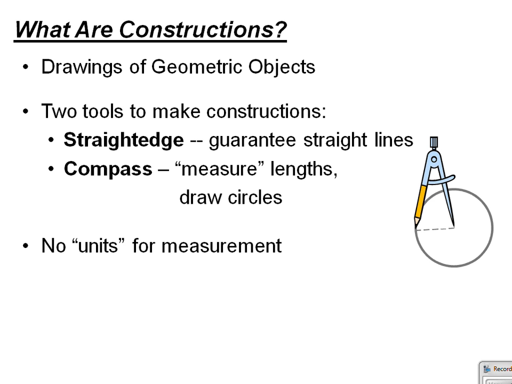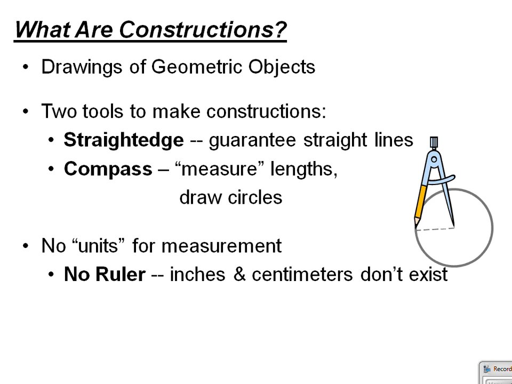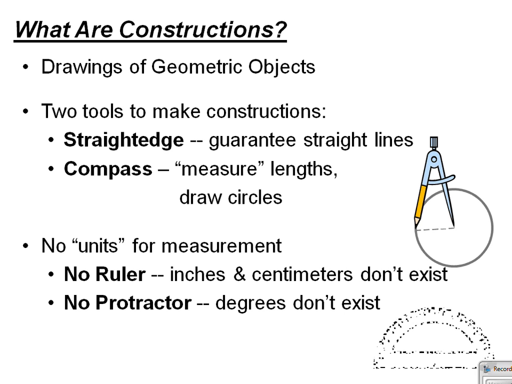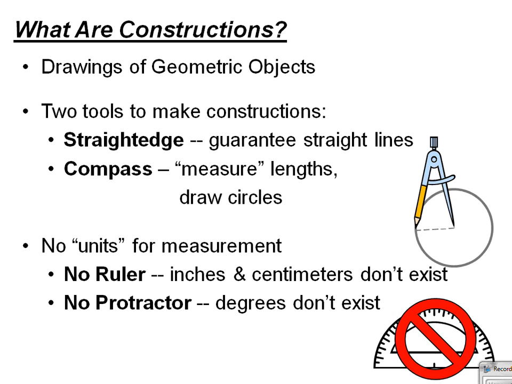No inches, no centimeters. We don't use a ruler, at least for the sake of measuring, because inches and centimeters don't exist. And likewise, angle measurements don't exist. So we don't use a protractor. No angle that gets made in the construction actually has a measurement of degrees.